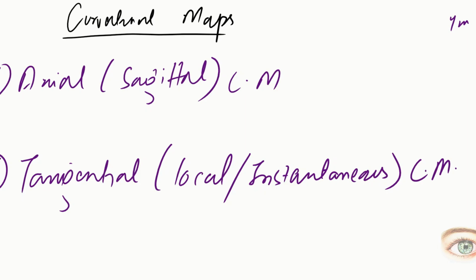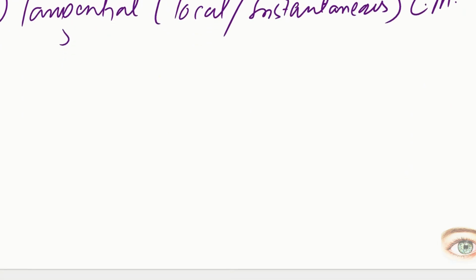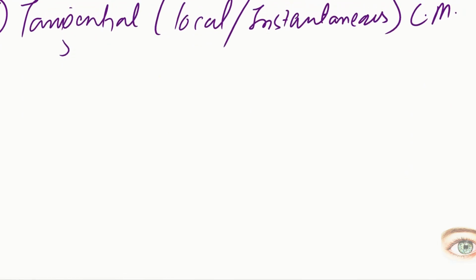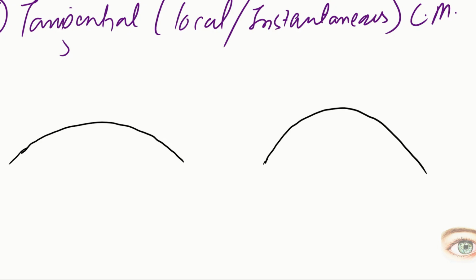Now, what is the difference between the axial and the tangential curvature map? There's a very slight difference. This right here is the axial curvature map, and this right here is the tangential curvature map. What is the difference?